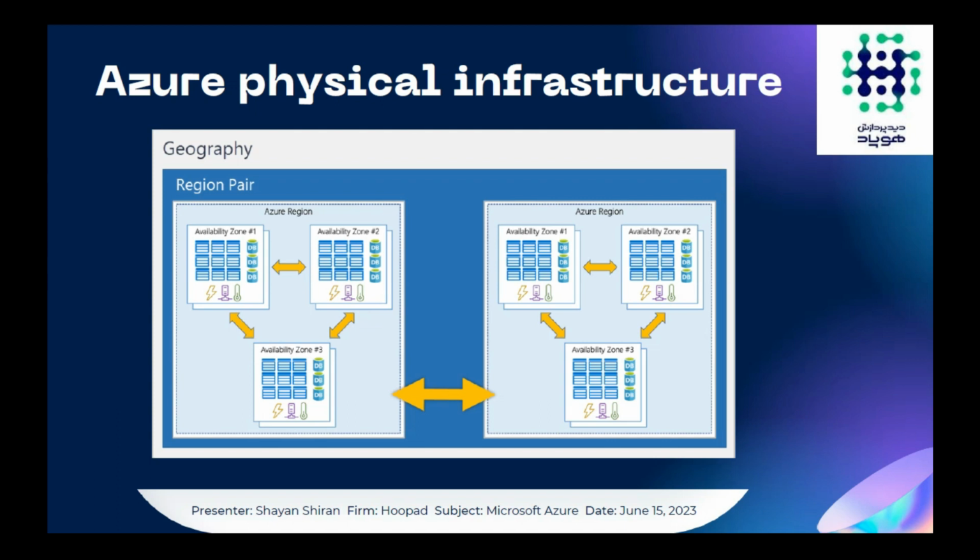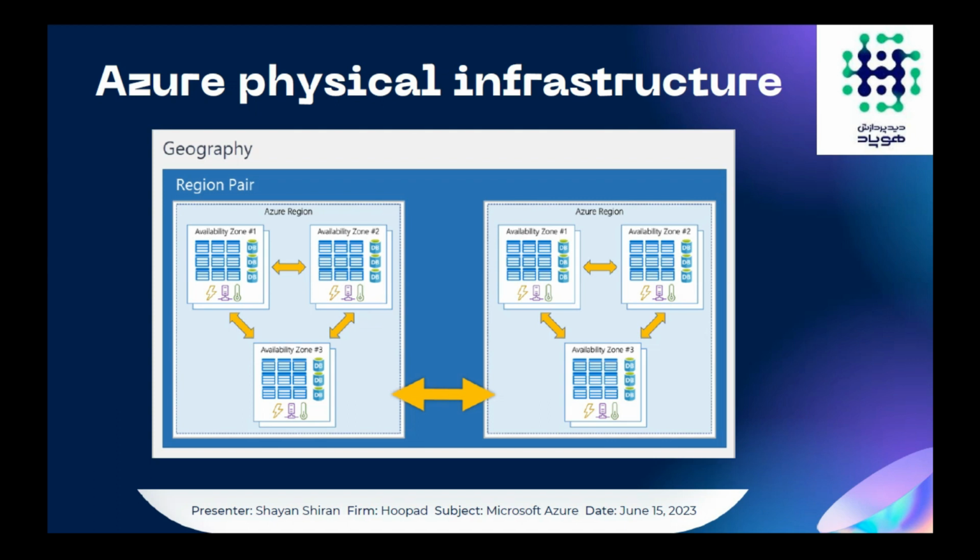For example, if a power outage happens, a natural disaster happens, or civil unrest happens, another region has all of the data and information that the other region has, and it can bring it back up in case of these events. These region pairs are said to be 300 miles away from each other. They should be like that, but they're not always like that.